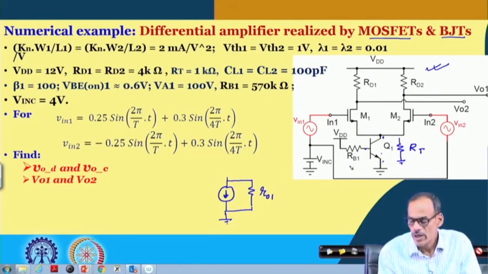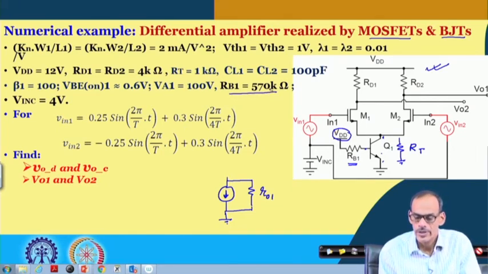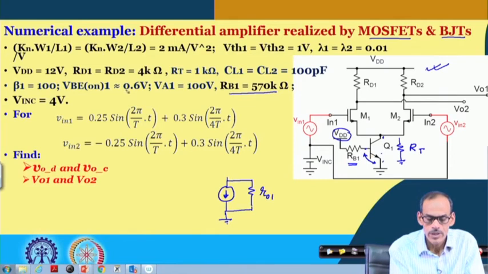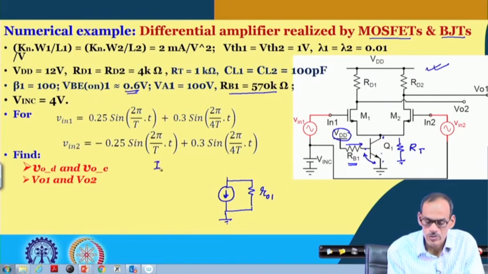At the base, we have RB1, connected to the 12 volt supply, and its value is given as 570 K, and if I consider VB equals 0.6, then from that we can get IB1 equals 12 volt minus 0.6 divided by RB, that is 570 K.